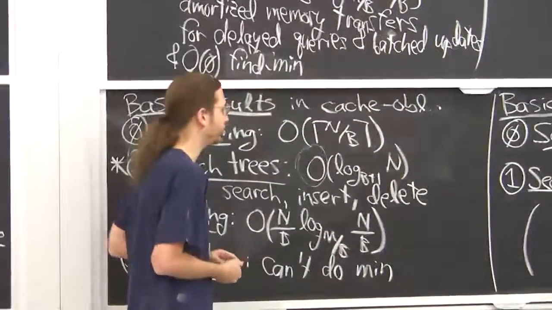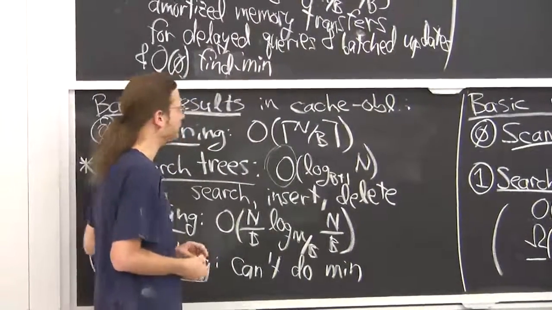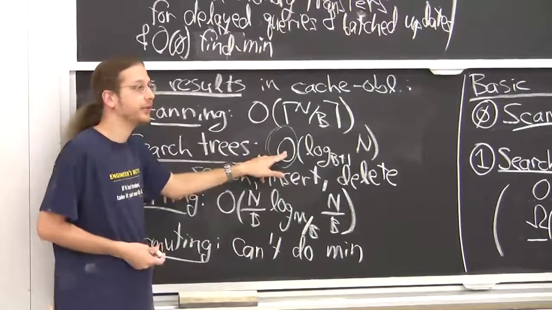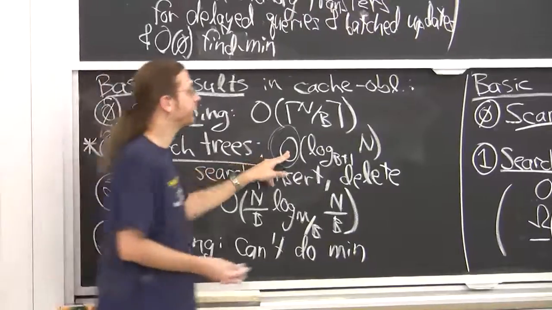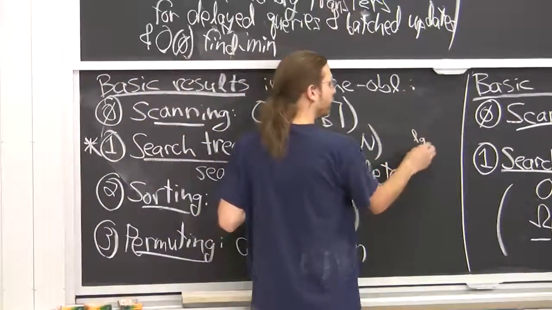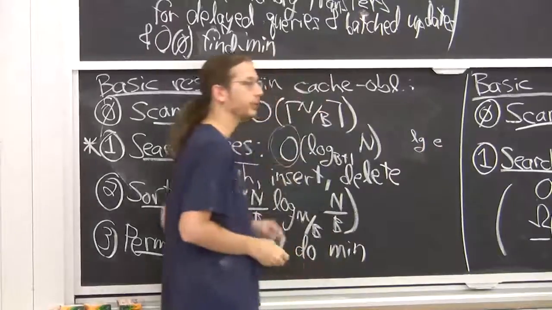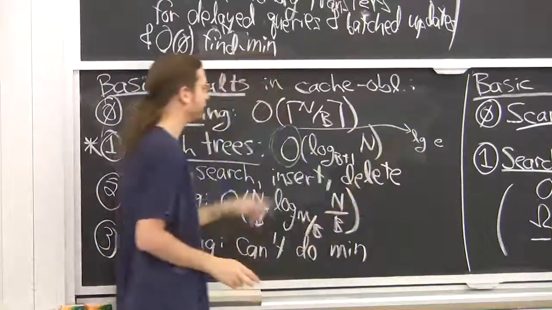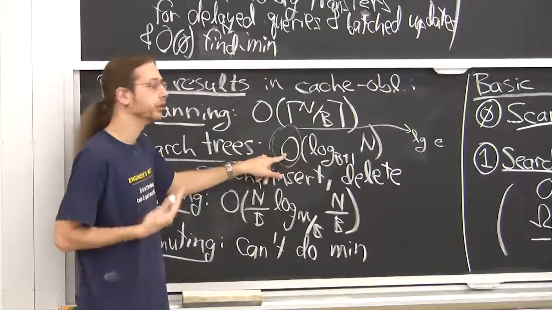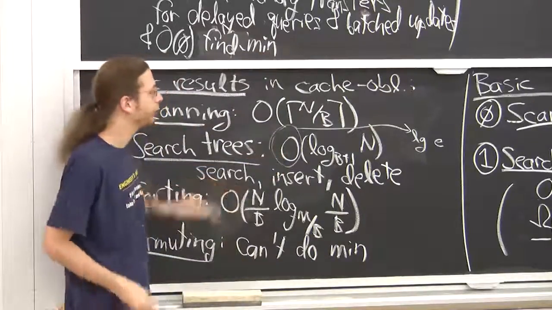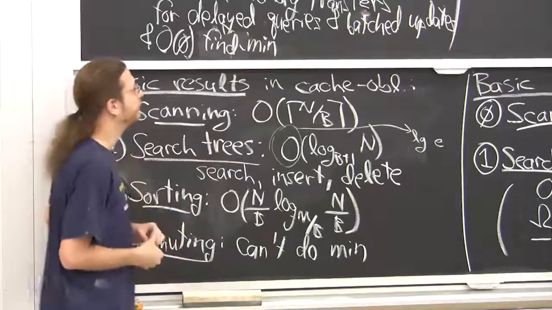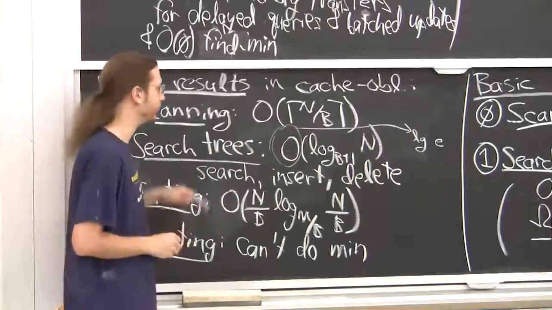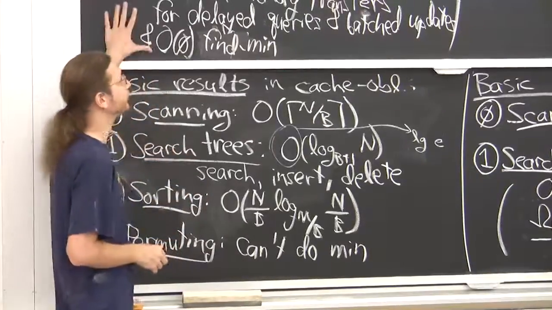You get 1 times log base B plus 1 of N. In the cache-oblivious world, you can prove that 1 is unattainable, and the best possible constant factor is log base 2 of e, which is like 1.44. So that is the right answer for the constant. Today we'll get a constant here of 4. This is for search. But 4 has since been improved to 1.44. So a tiny separation there between cache-oblivious and external memory.